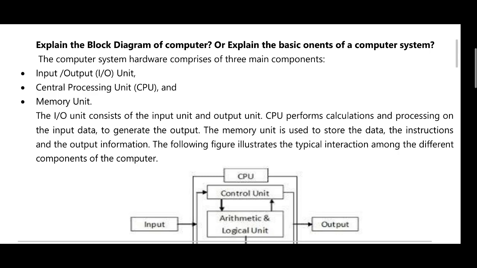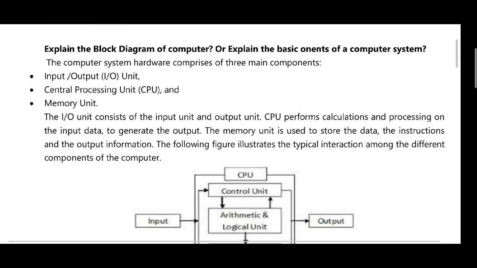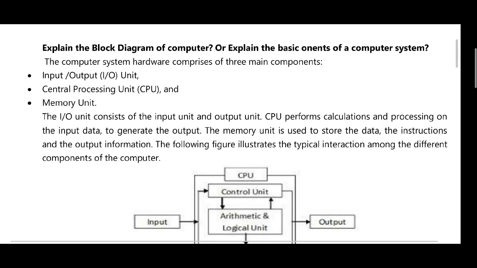Here, the input and output unit consists of the input unit and output unit. The CPU performs calculations and processing on the input data to generate the output. The memory unit is used to store the data, instructions, and the output information.